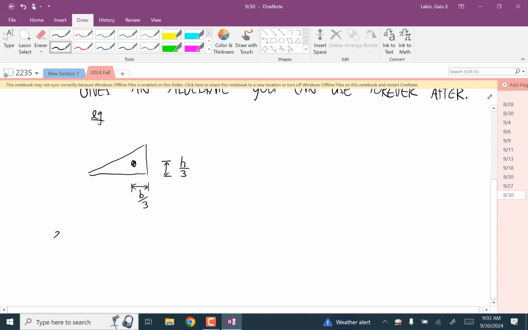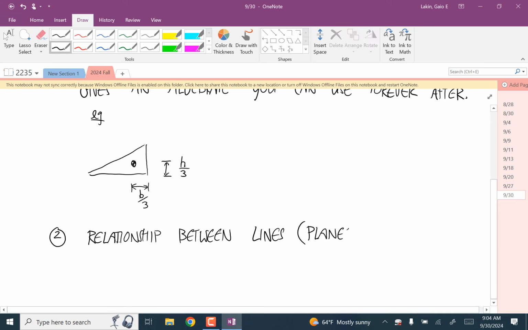Second, there's a relationship between lines, or in 3D, planes of symmetry and the centroid.